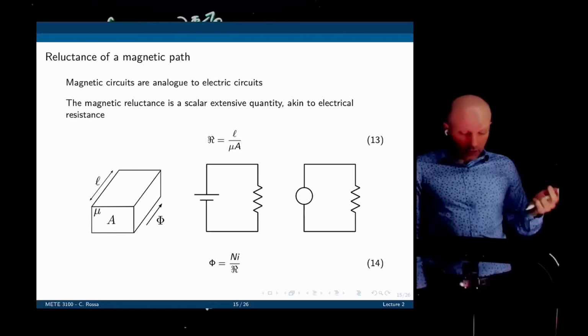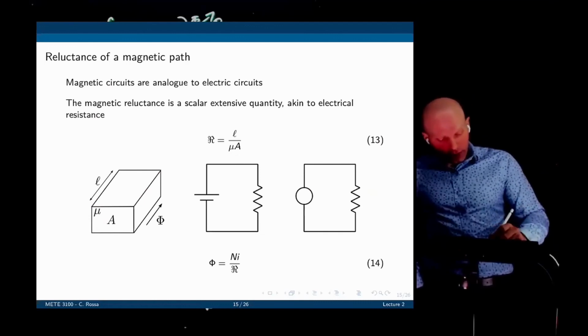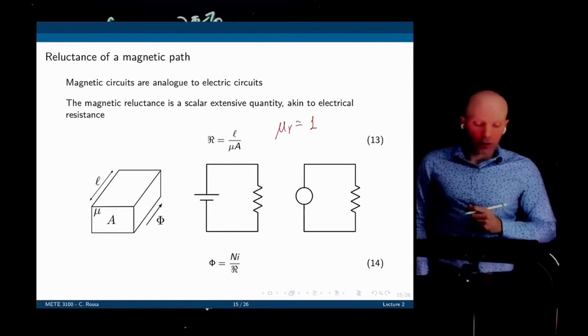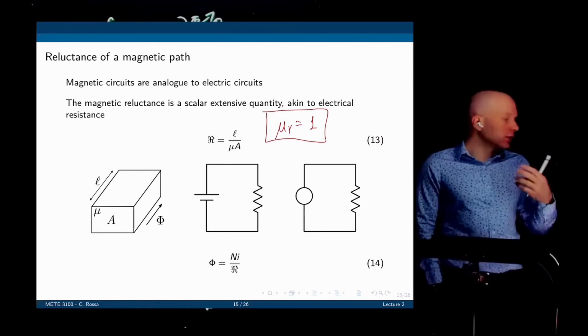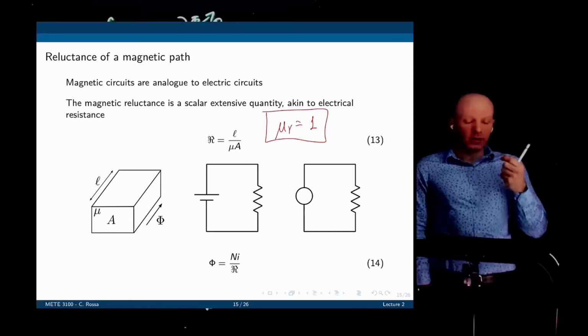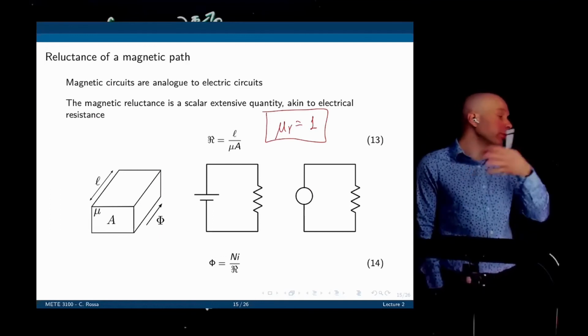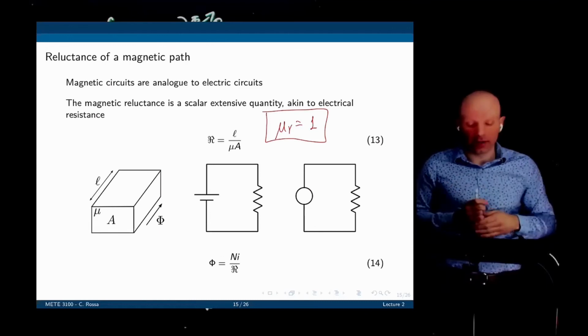One thing that I forgot to mention earlier is that the relative permeability of air is 1, or for any non-magnetic material, like plastic or anything that is not ferromagnetic, the relative permeability is 1, which means that they have the same permeability as the vacuum. It is very hard to establish a magnetic field in them.